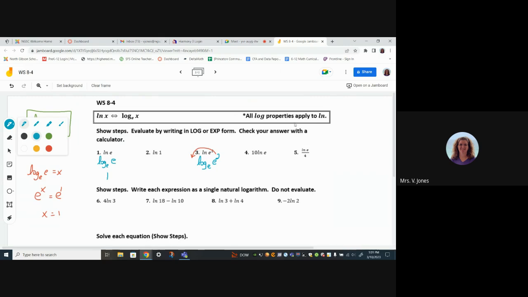So that 2 ends up out here, and then we have log base e of e. And we know that log base e of e is 1. So since this part right here is equal to 1, 2 times 1 we know is 2.